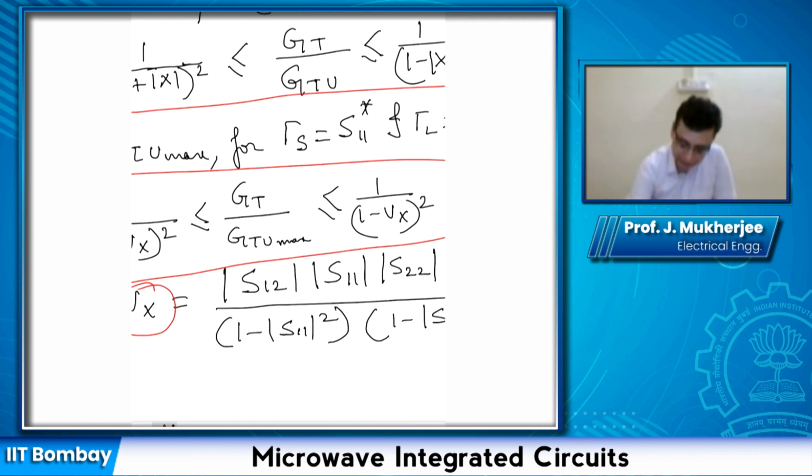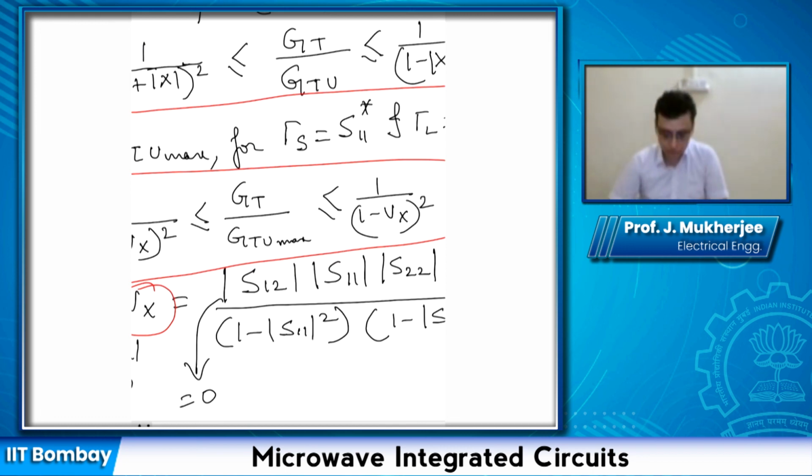For example, when S12 is really equal to 0, then Ux will be equal to 0 and GT will be equal to GTU max. But if S12 is not equal to 0, still if Ux is very small, then our GT will be very close to GTU max. So this was the unilateral case.